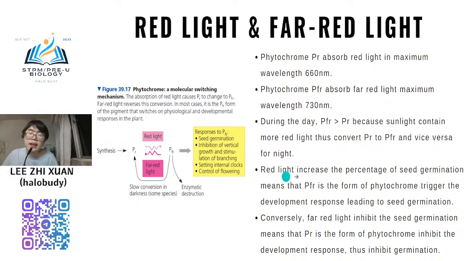Normally red light will increase the percentage of seed germination, meaning that PFR is the form of phytochrome that triggers the development leading to seed germination. So PFR actually can trigger seed germination, inhibit vertical growth, stimulate branching, and also set the internal control of flowering.